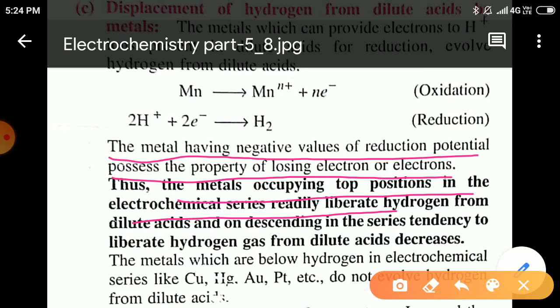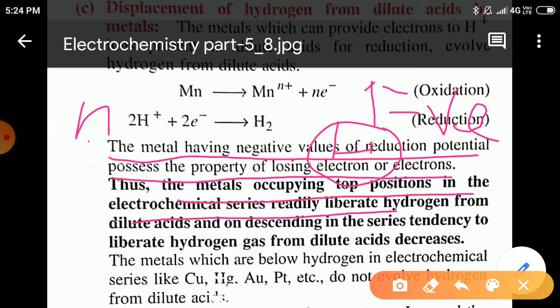In short, if we take hydrogen as the basis, the elements present above hydrogen in the electrochemical series have negative reduction potential and have the tendency to release hydrogen from acid.